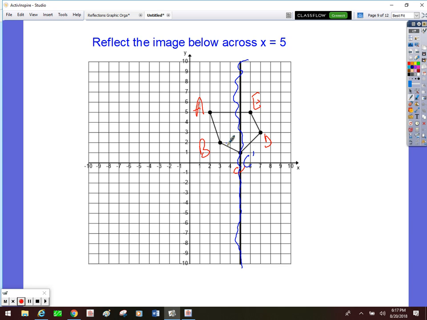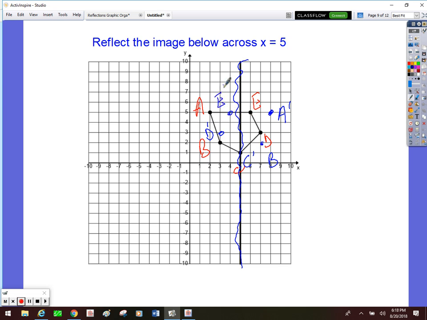Okay, let's count B. 1, 2. Let's count D. 1, 2. A. 1, 2, 3. 1, 2, 3. And then E. 1, 2. I'm sorry. 1, 1.